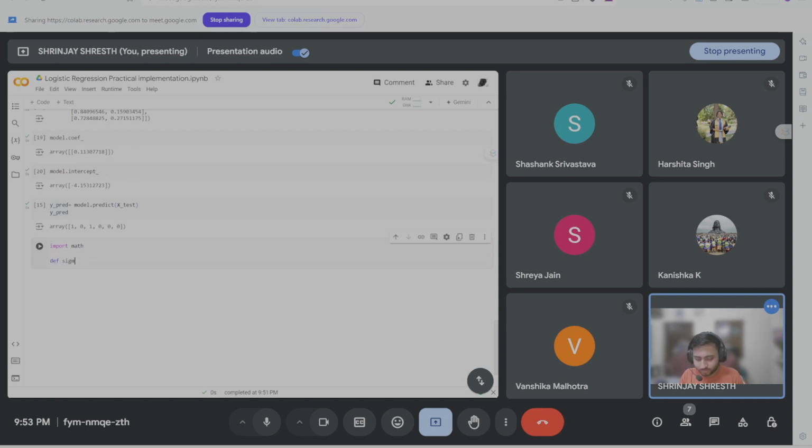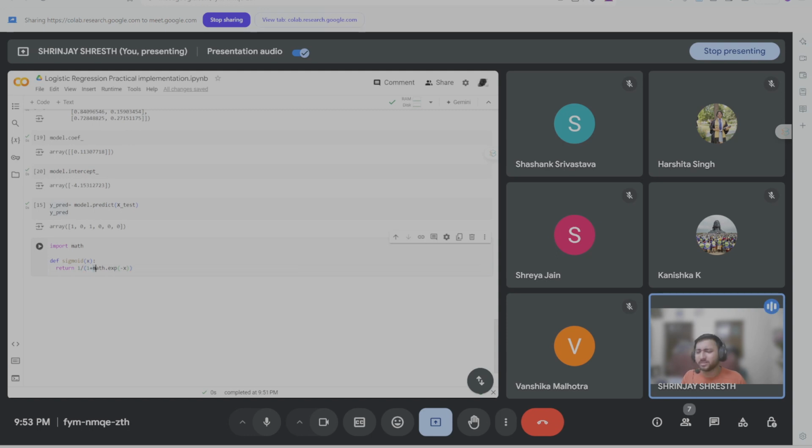Def sigmoid, and in this sigmoid we'll have some x. Once I pass it, it should return me 1 over 1 plus math.exp, and in this I'll pass the parameter minus x.